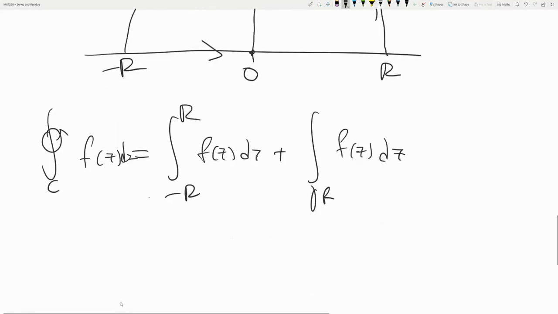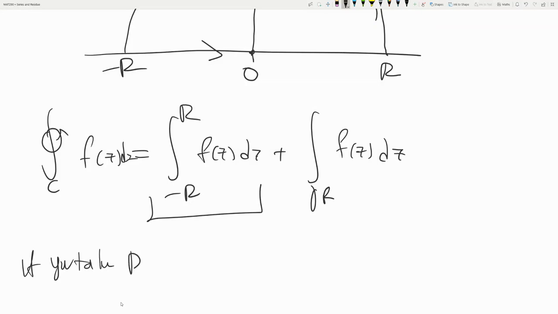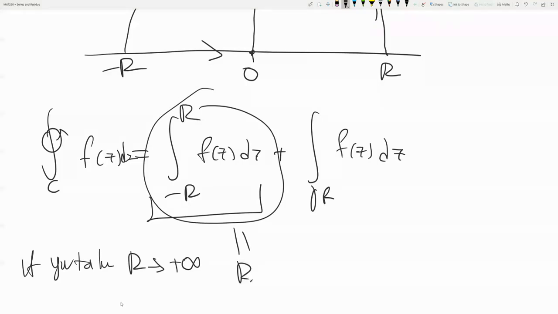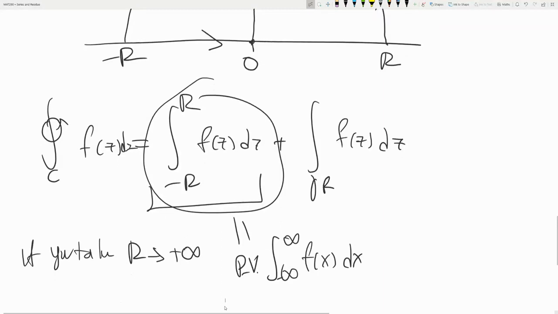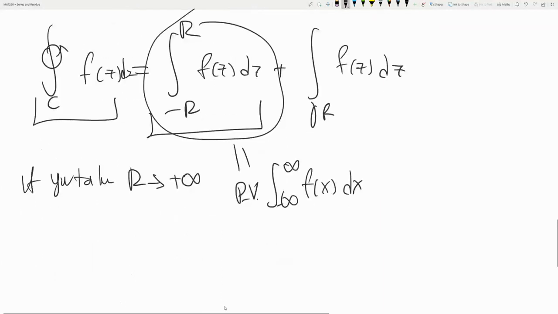Okay, so what? Well, look what we have. This guy is the PV. So if you take R to infinity, this guy is equal to the principal value of your integral. So the answer is inside here, meaning, let me specify, this guy will equal something by the residue theorem, right?